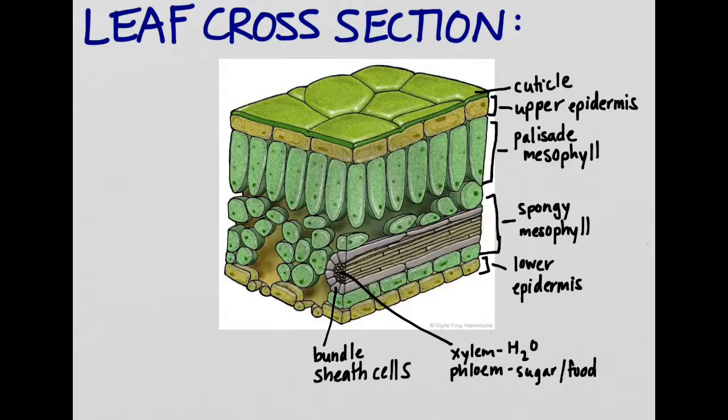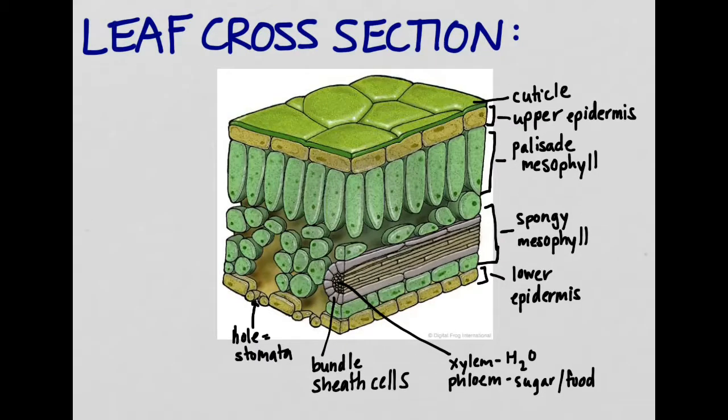Keep in mind that we also have an epidermis that is lining the lower area here, right, our lower epidermis. And you also will have a cuticle there, which is not shown. But the leaf will also have tiny holes in the epidermis, which are called stomata. So we see those holes in between those two cells, those are the stomata.